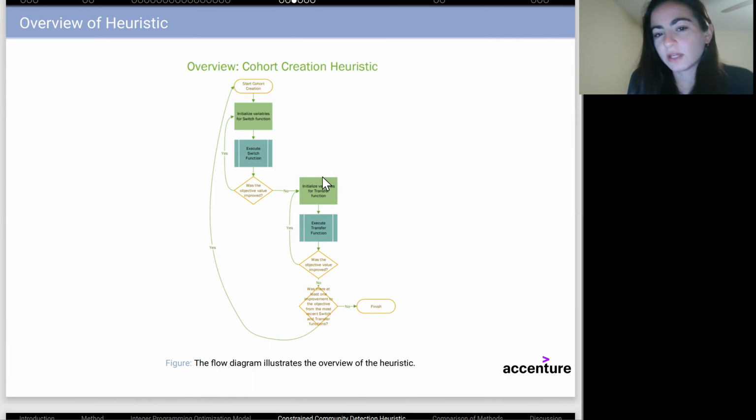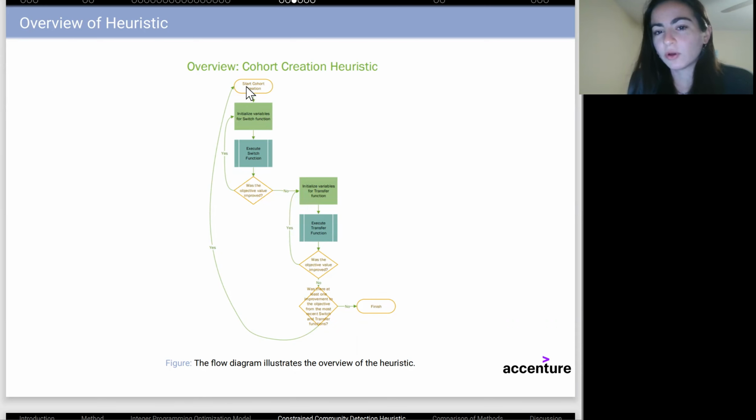If the objective is improved, then we keep iterating through the switch function until it's not, until we've exhausted it. And then we go through the transfer function again, until exhaustively we're not improving the objective.